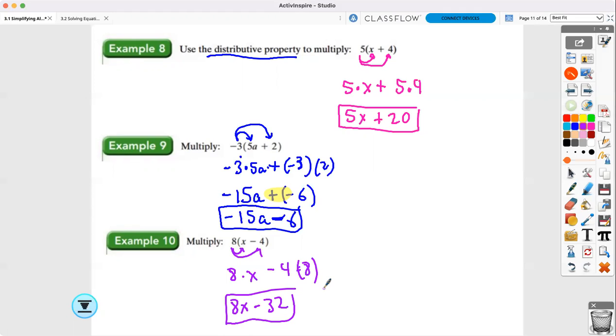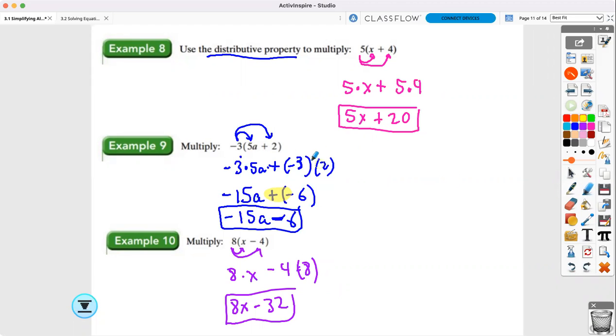Are there any questions, guys? Any questions on how to distribute, how to simplify? So on example 9, like the other ones, you'd bring down 3 and 5 and multiply it to 15. Would it always be adding the parentheses like how you have it with -3 and 2?